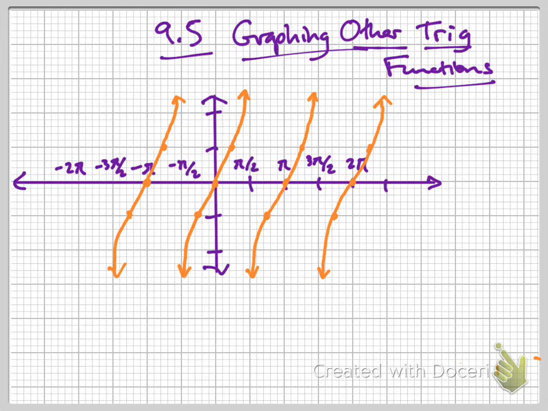And what we could then do, if we wanted to, is put in a line here to show these asymptotes. We've got one happening here, another happening here, another one here, another here, and another there.